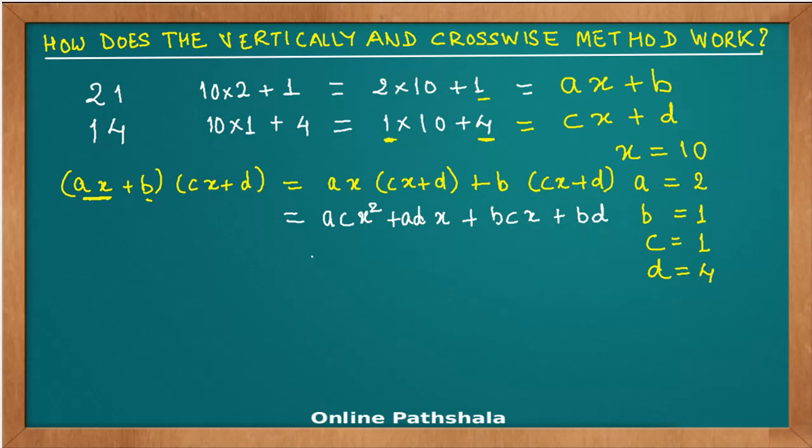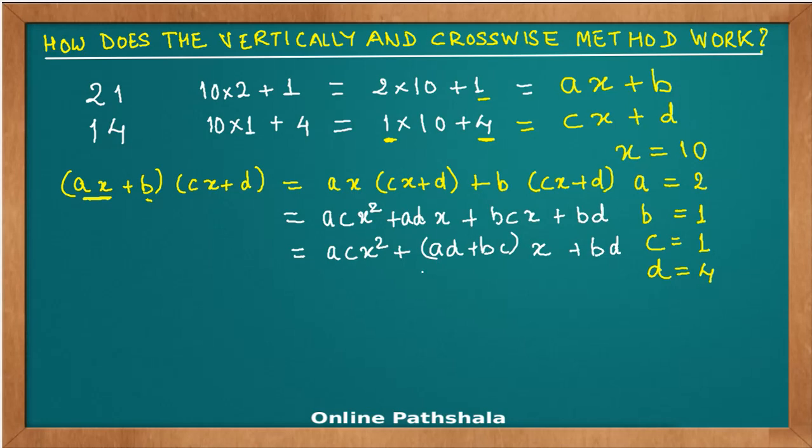Now if we group similar terms which have the same powers of x together, we have acx squared plus ad plus bc x plus bd. And this is what we have got over here.